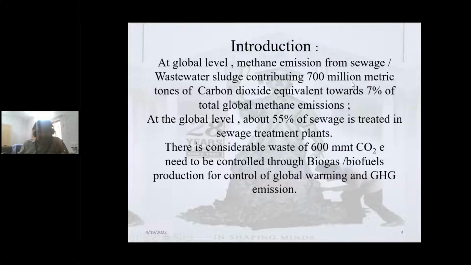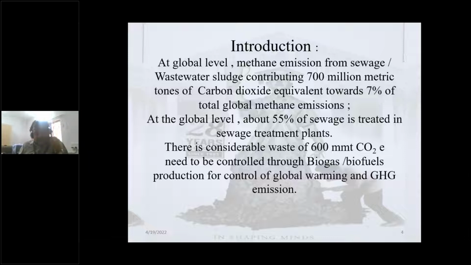Investigation of biofuels and bioenergy towards sustainable power development. The introduction: at the global level, methane emission from sewage wastewater sludge contributes 700 million metric tons of carbon dioxide equivalent, towards 7% of total global methane emissions. At the global level, about 55% of the sewage is treated in sewage treatment plants.